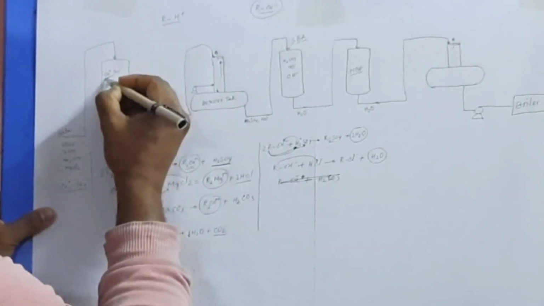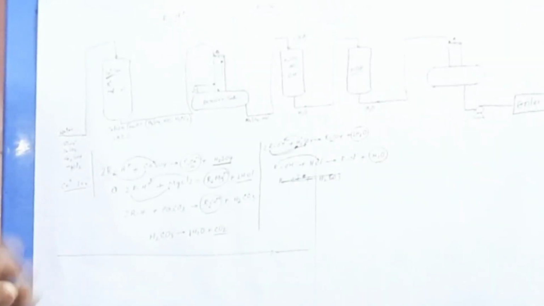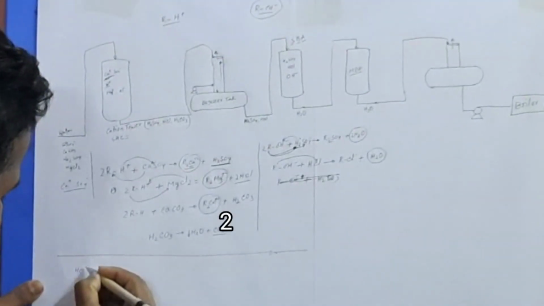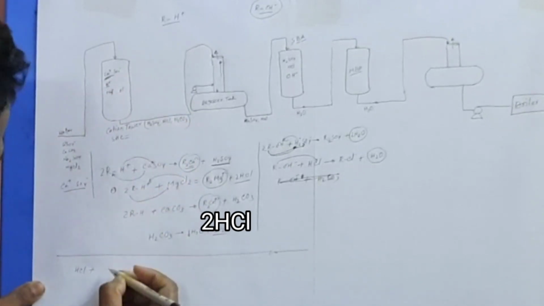I will try to give an explanation with reactions. In the cation tower positive ions are available. If we provide hydrochloric acid on the cation tower, because the cation tower already has cations or positive ions available, what will happen? We provide hydrochloric acid, HCl, and in the cation tower calcium ion is available.